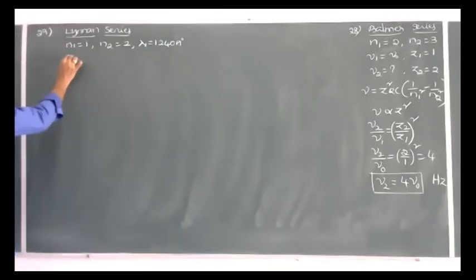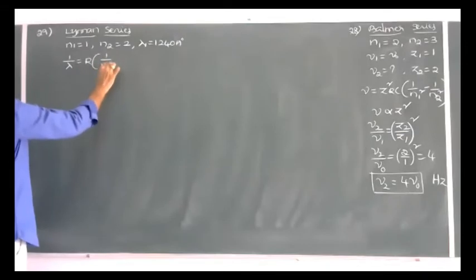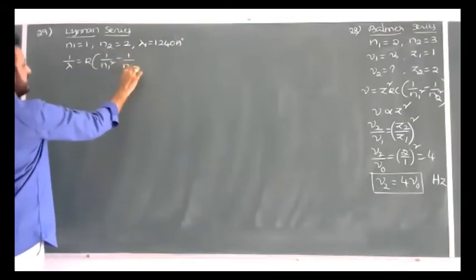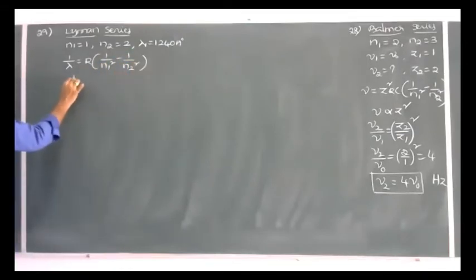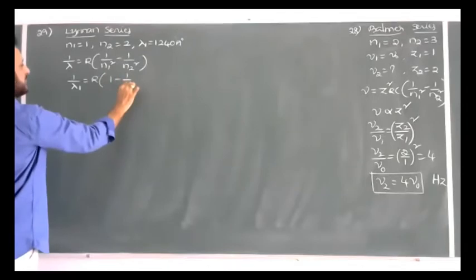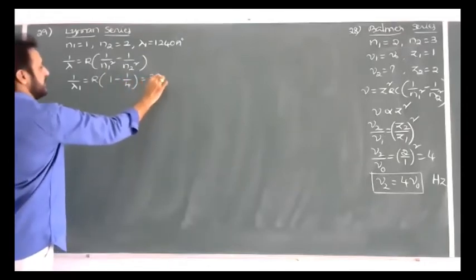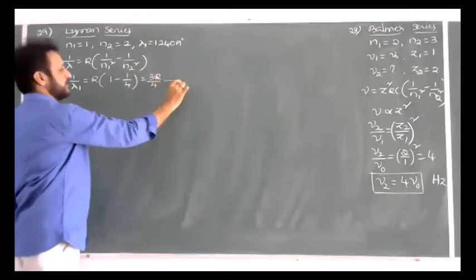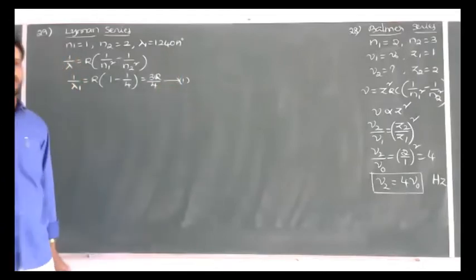Now write the formula: 1 by lambda is equal to R into 1 by N1 square minus 1 by N2 square. Therefore, 1 by lambda 1 is equal to R into 1 by 1 square, that is 1, minus 1 by 4, equal to 3R by 4. Don't substitute the value, leave that one.